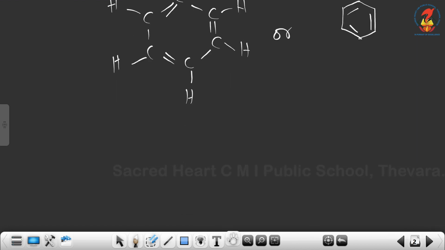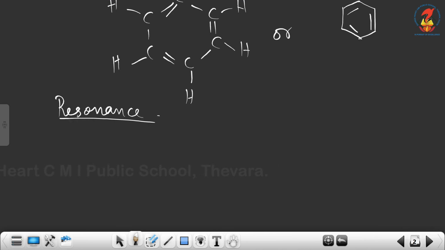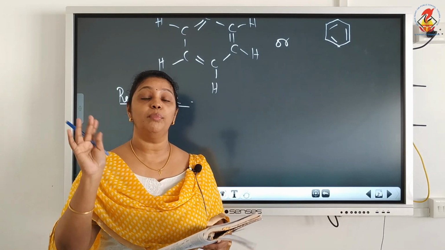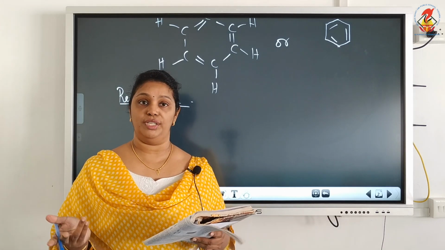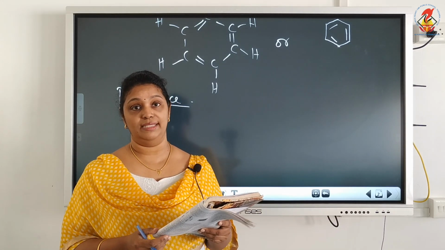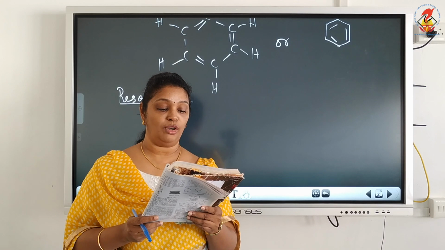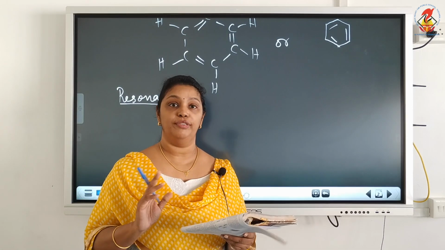So next we have the resonance. We know that there are double bonds inside the benzene ring. So these double bonds are pi electrons. They can shift their position. So resonance is possible in benzene. So we have two main contributing structures for the benzene.